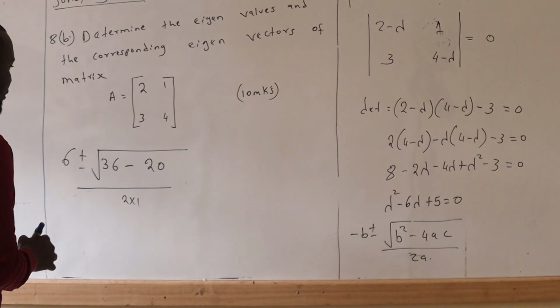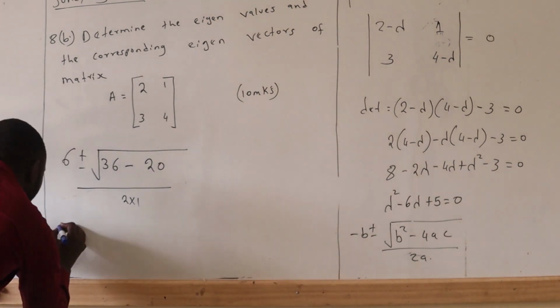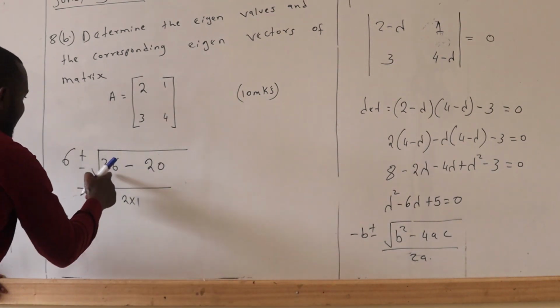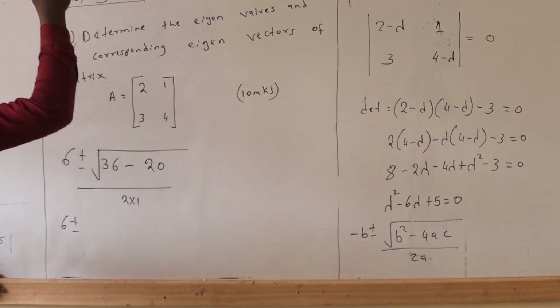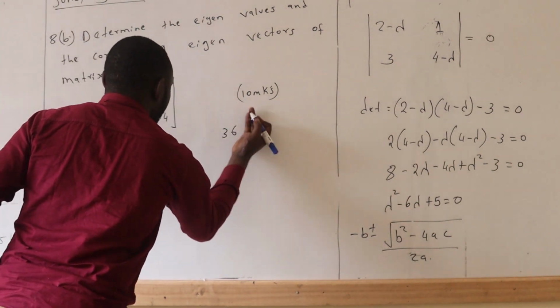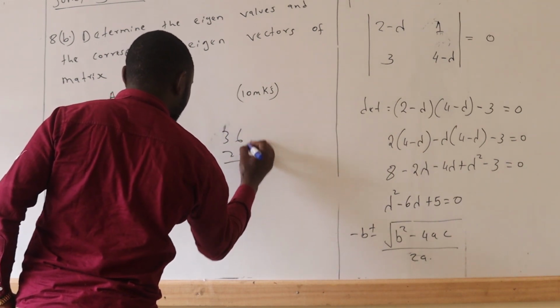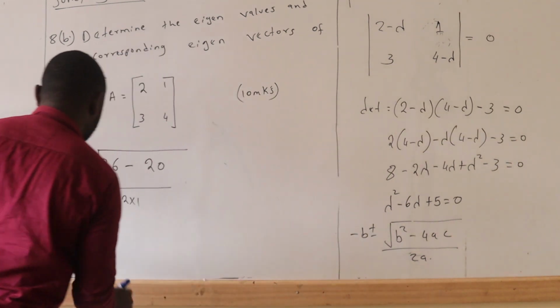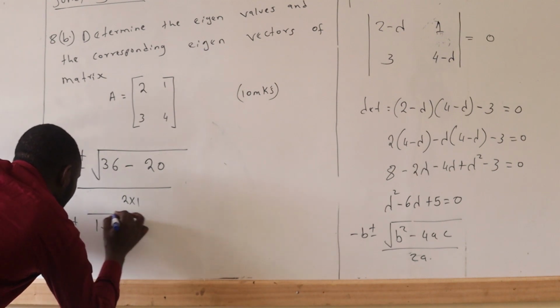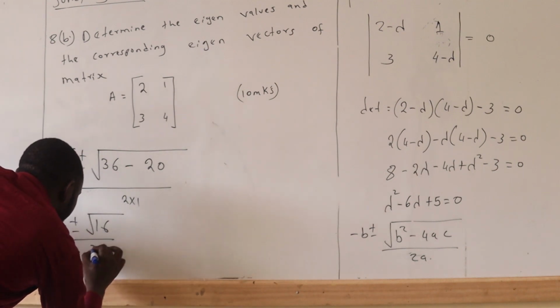So when we have 6 plus or minus the square root of 36 minus 20, what do we get? 36 minus 20 is 16. So it is the square root of 16 divided by 2.